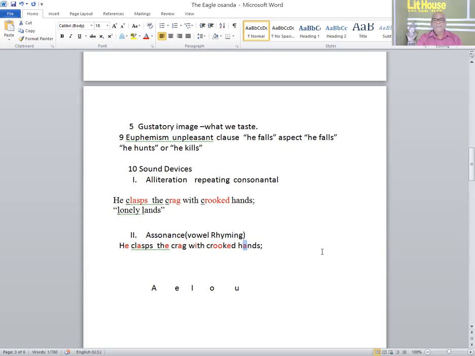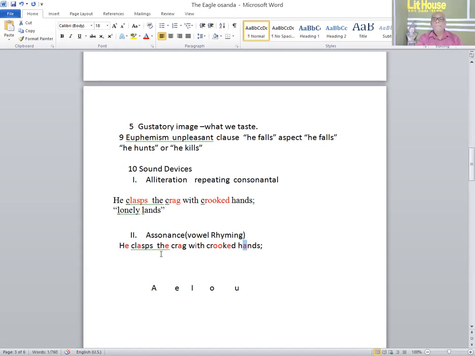Now tell me, what are the similar vowel sounds? Which ones are the similar vowel sounds, not the letters?